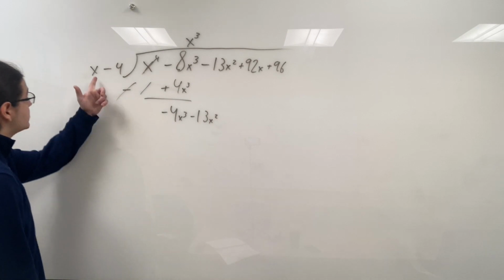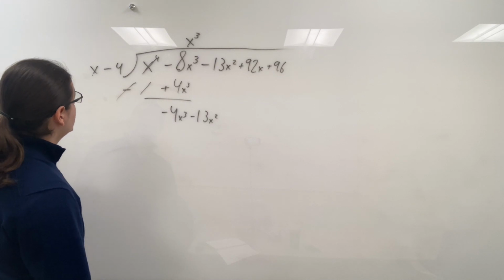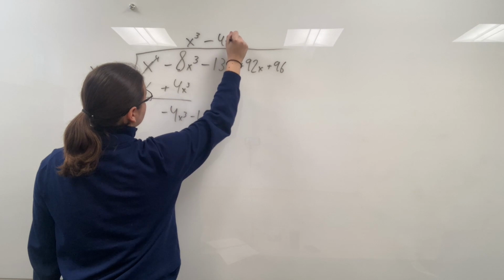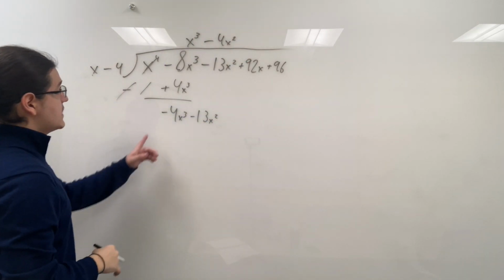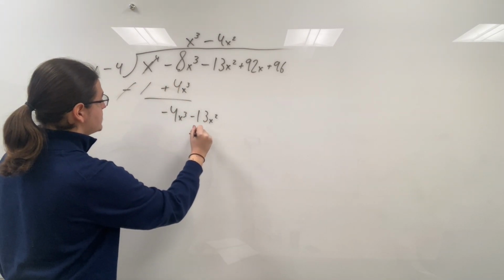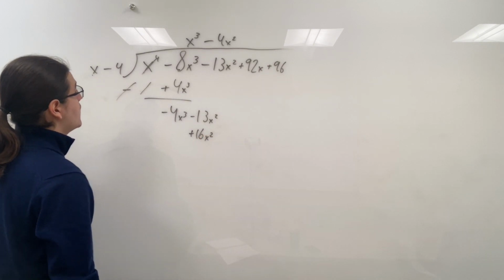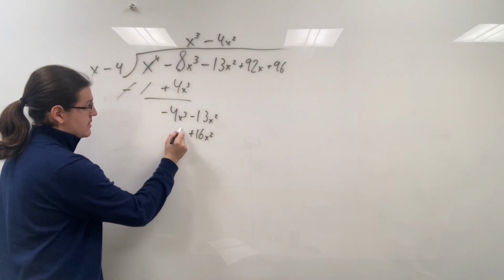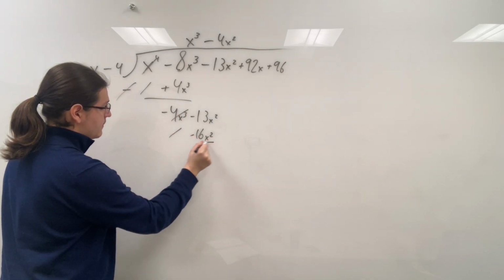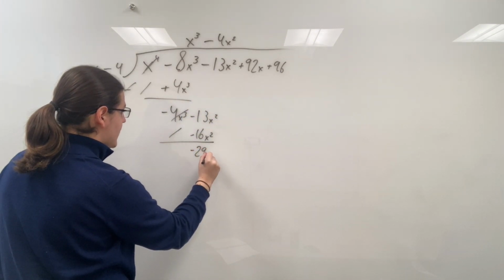And now we ask, how many times does x fit into minus 4x cubed? It fits into it minus 4x squared times. Now when we multiply it out, we would get minus 4x cubed times positive 16x squared. Now we would subtract it out, which would make this cancel with this, and make this just negative. So then we are left with negative 29x squared.